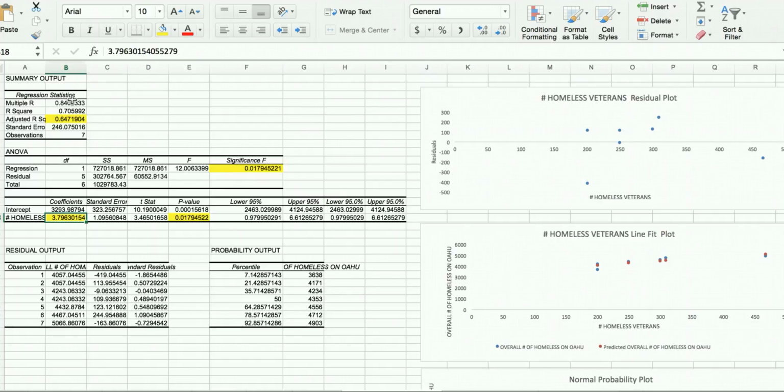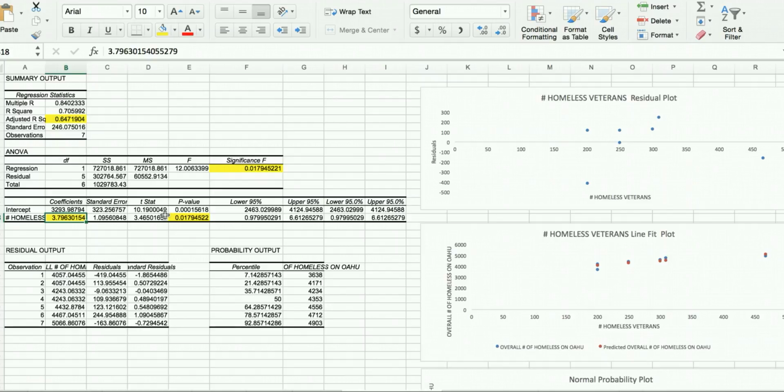But 64% of the overall number of homeless can be attributed to homeless veterans couples, according to my report here. And my model is statistically significant based on the fact that my P statistic is lower than 0.05, less than 0.05.